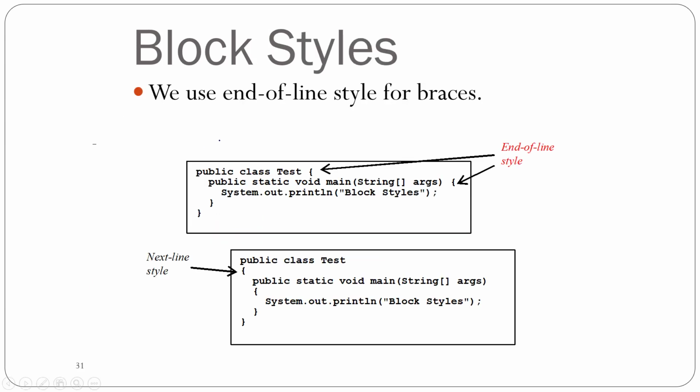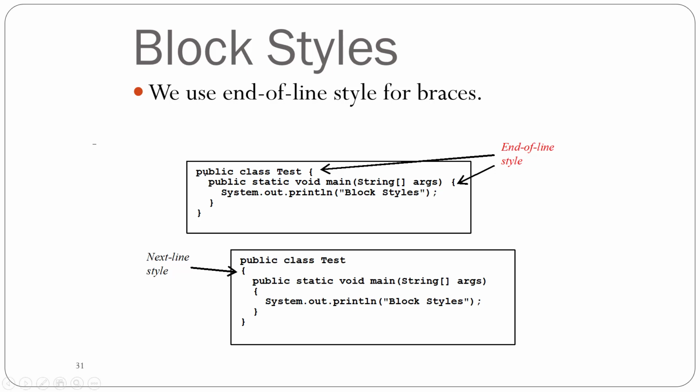There are two styles of block. It is up to us how we want to do it. I prefer this style where the block starts towards the end of the line, you know. So that's how I followed. If you remember how I created that.